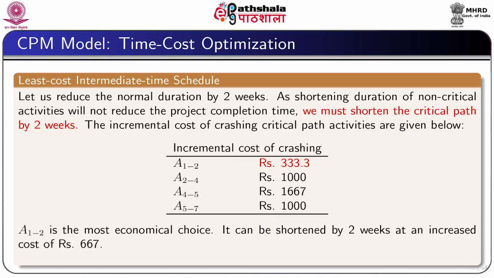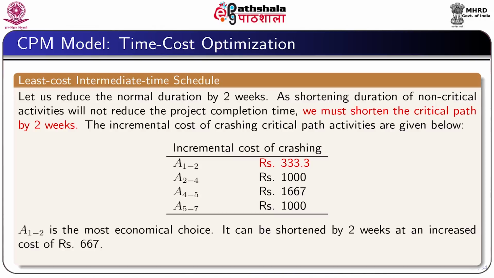Let us think of reducing the duration by 2 weeks. As shortening the duration of non-critical activities will not reduce the project completion time, we must shorten the critical path by 2 weeks. The cost of crashing critical path activities are given below. The incremental cost of crashing activity 1 2 is rupees 333.3.